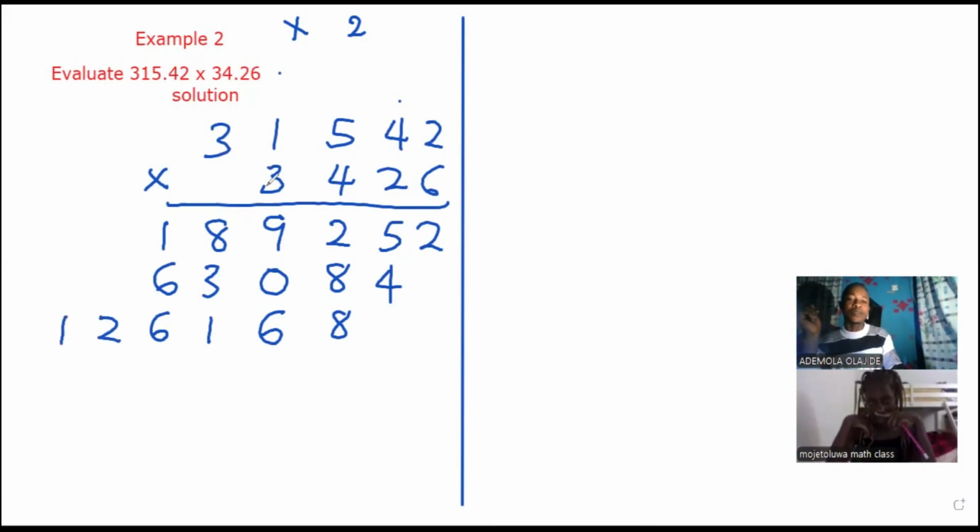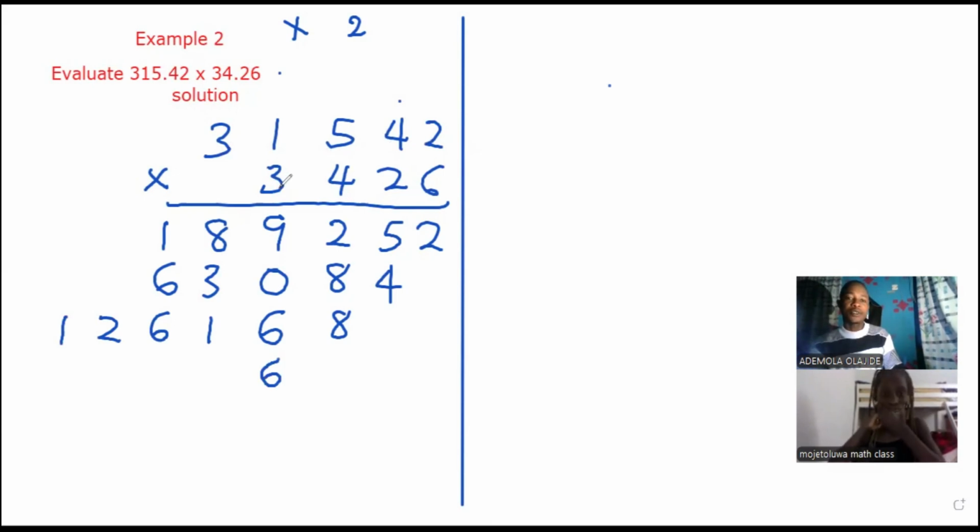And lastly, we want to use this 3 to multiply. So here we say 3 times 2, which is 6. Begin the answer from under here, 6.